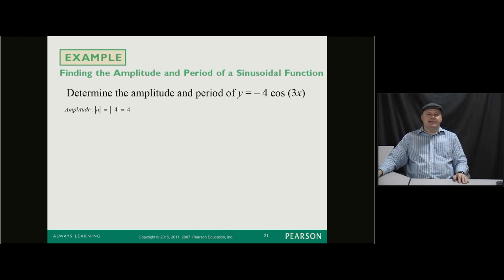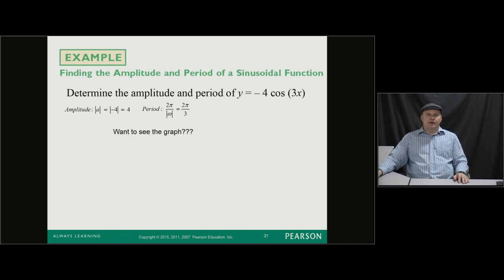All the negative does is turn the graph upside down. So this will be an upside down cosine, reflected across the x-axis. It still has an amplitude of 4 though. The period is 2 pi over the absolute value of omega, so in this case, 2 pi over 3.